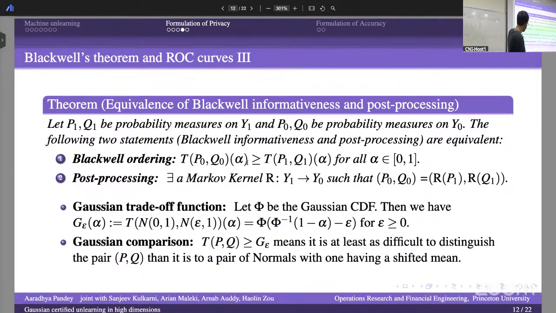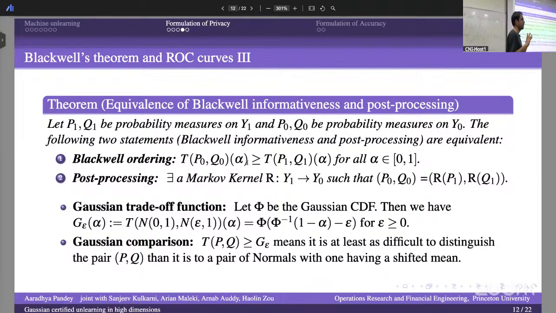So these two conditions are actually equivalent. I have four probability measures, one pair, one pair. I look at the curve. If this curve is higher than this curve, then for the one below, if you apply a Markov kernel, you will get the other one. Or there exists a Markov kernel; if you apply it to the one below, you will get the one above.